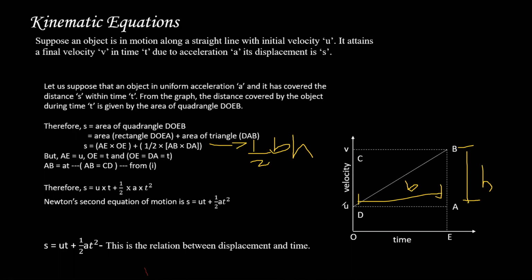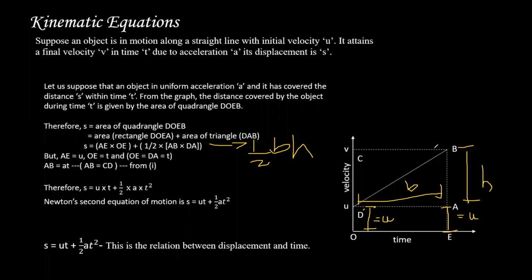Okay, look here, DO is equal to u. This we can see from the graph. We also know that DO is same as AE, because it is a rectangle, so the breadth will be the same. That means AE is also equal to u.